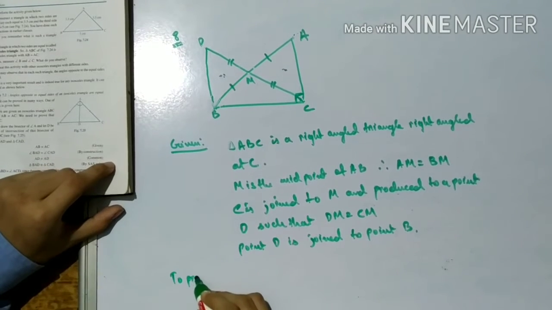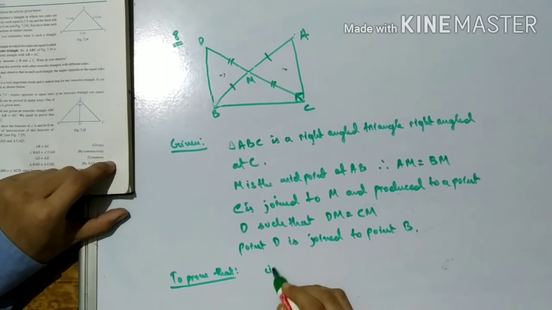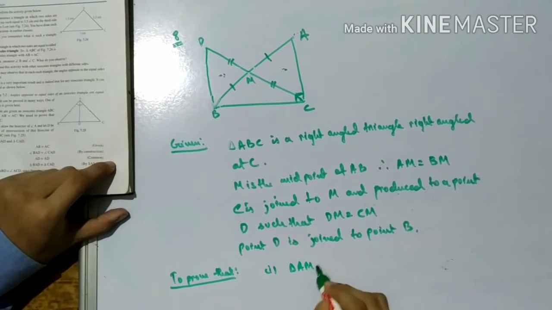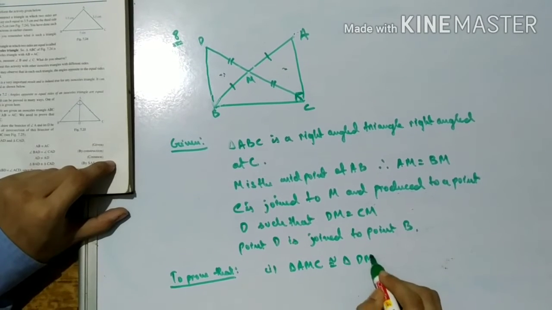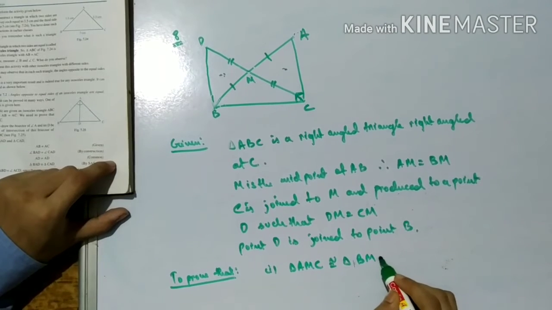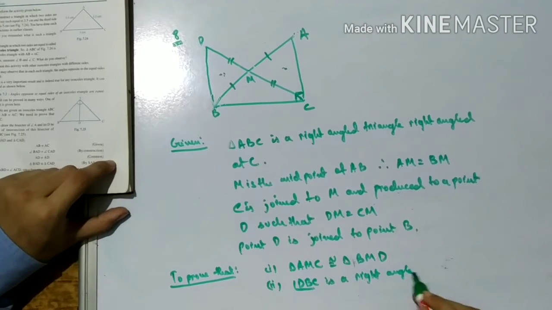I have to prove that, first one, triangle AMC is congruent to triangle BMD. Number 2, triangle DBC is a right angle.